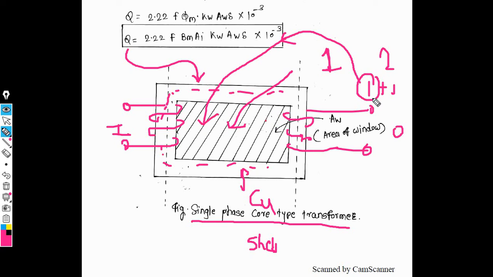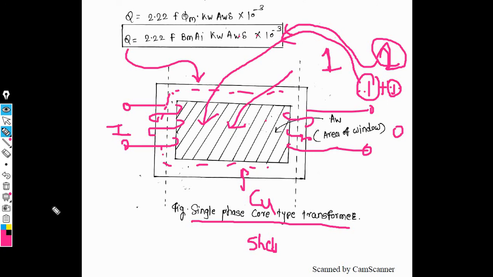This 1 plus 1 is equal to 2, both are the same, that is the first window equation and the second window equation are always the same. So we consider two windows, but we have to find out only one equation. That means the output equation of the single phase core type transformer is always the same as that of the single phase shell type transformer.